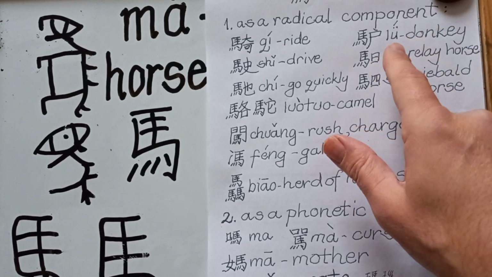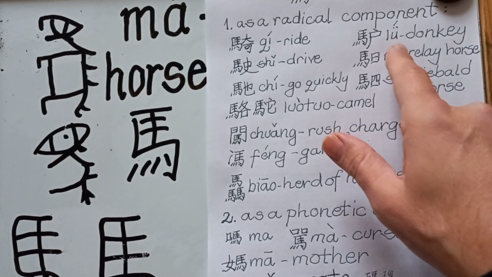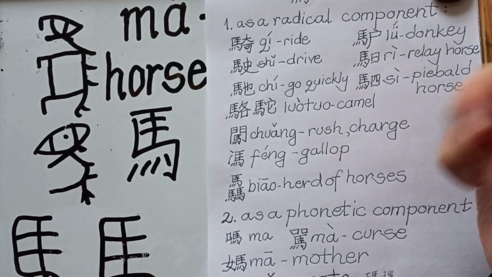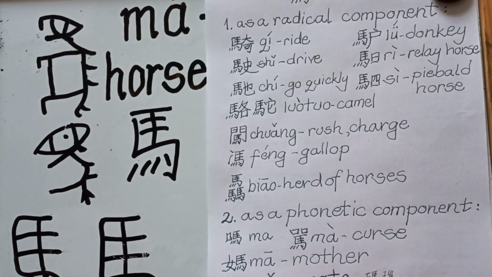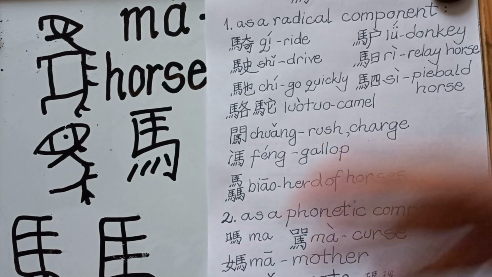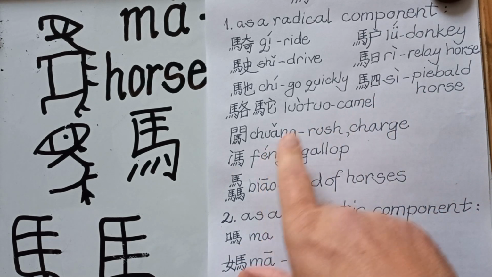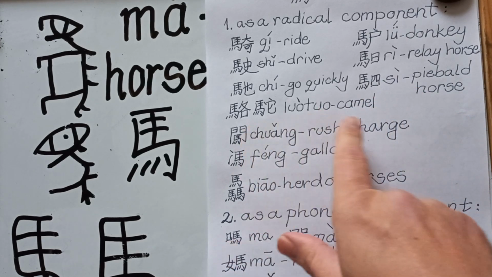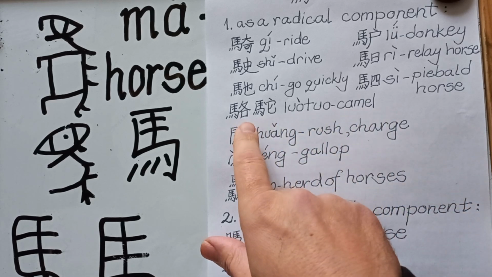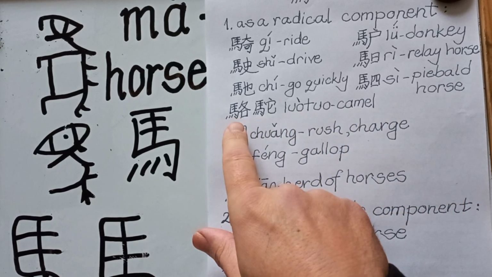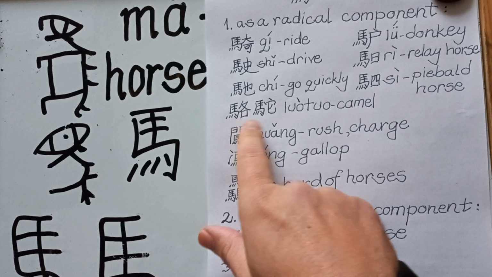Obviously, lü is a donkey, not a horse, but it belongs to the family of the horses, right? It's related to a horse. And so is the luotuo. That's why we use the radical Ma.